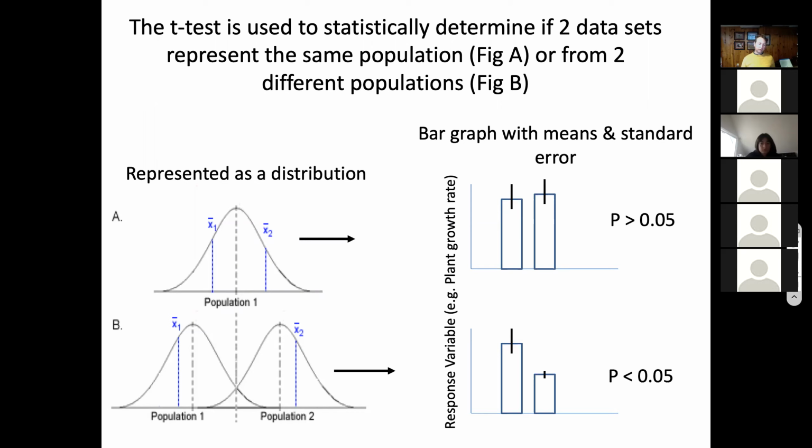In your carbon isotope data today, you're going to be comparing plants during a normal water year and during a drought water year, and trying to decide whether there is an isotope difference between wet years or dry years.